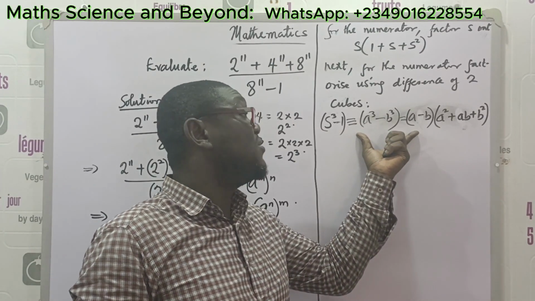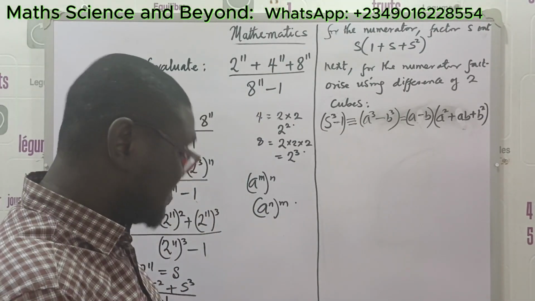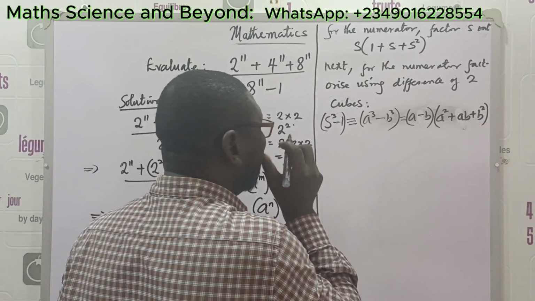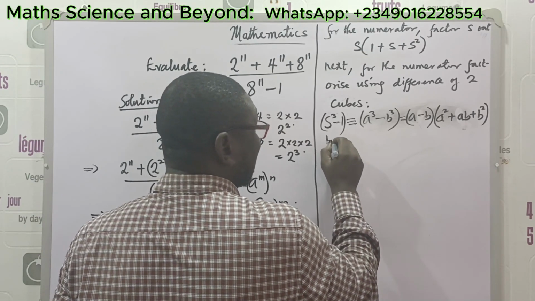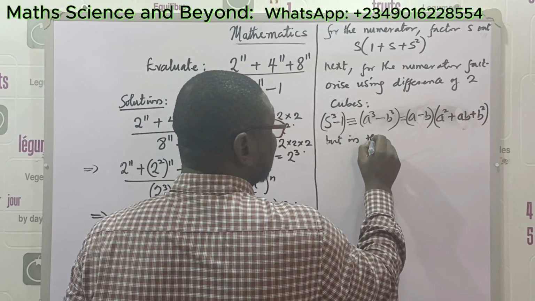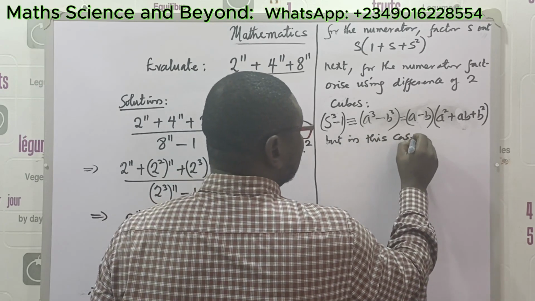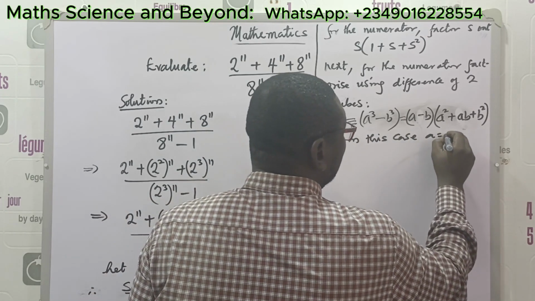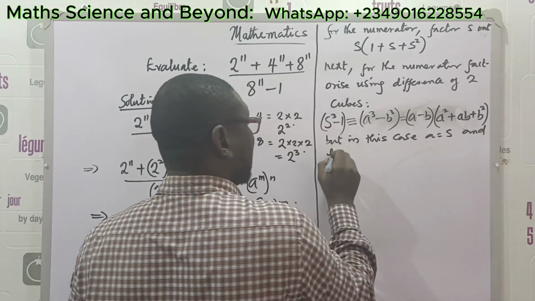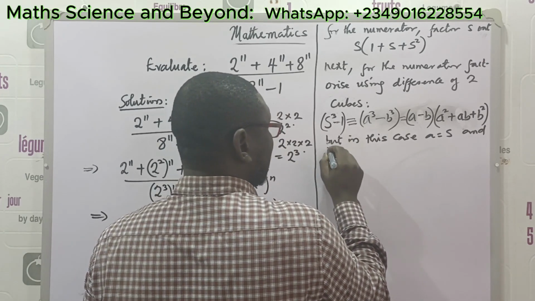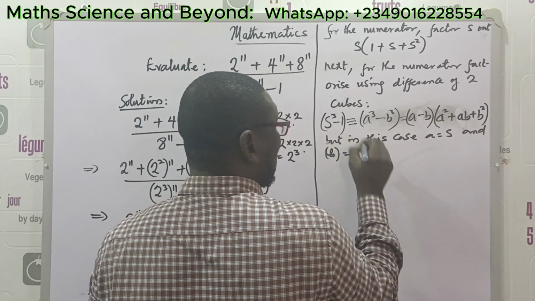difference of two cubes. So in that case, the next thing we need to do is that we know that, but in this case, a is equal to s and b is equal to what? 1.